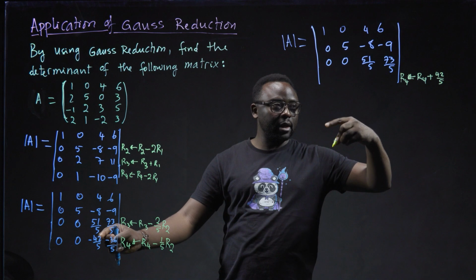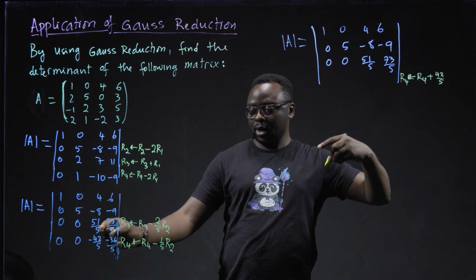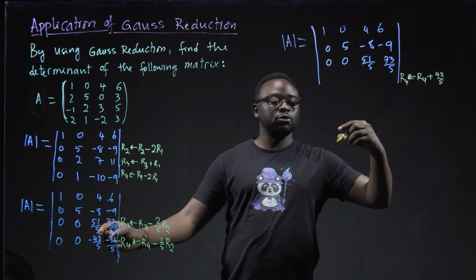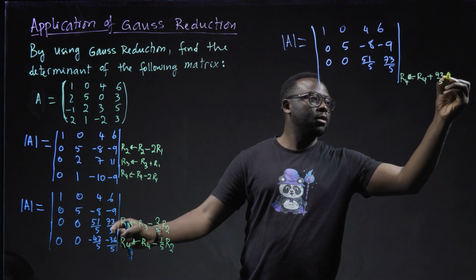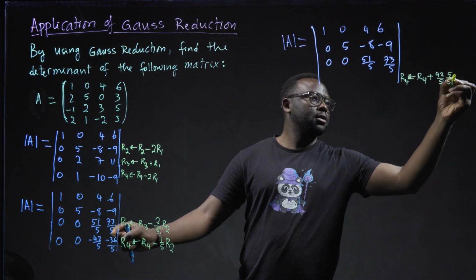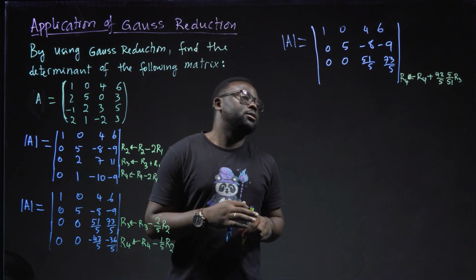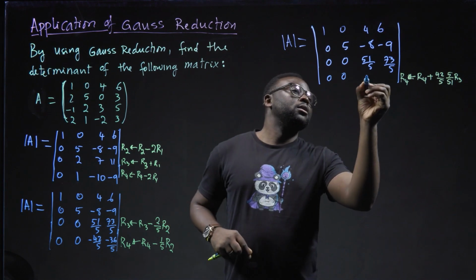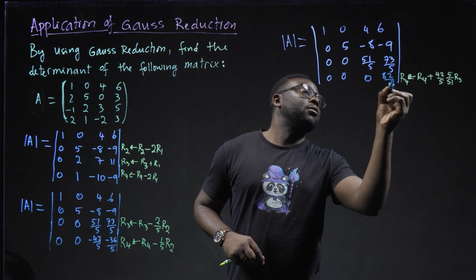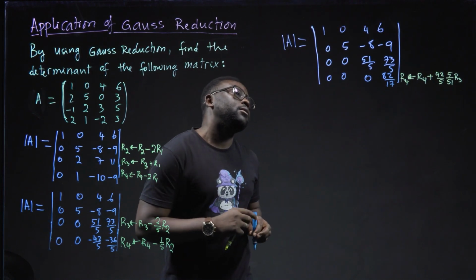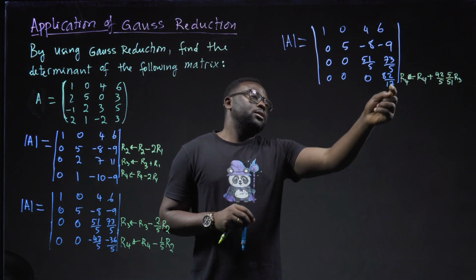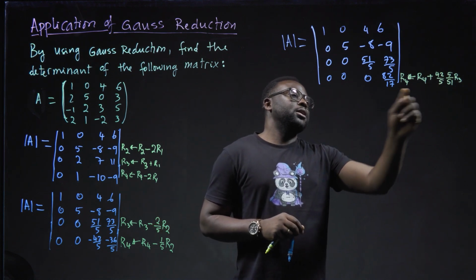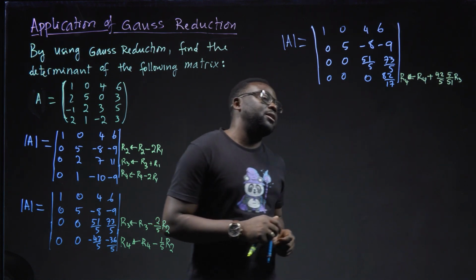We can just take the inverse for the division of two fractions. So this becomes 5 over 51 R3. Then this leads to 0, 0, 0, 82 over 17. If you do the multiplication correctly, you must get this 82 over 17.